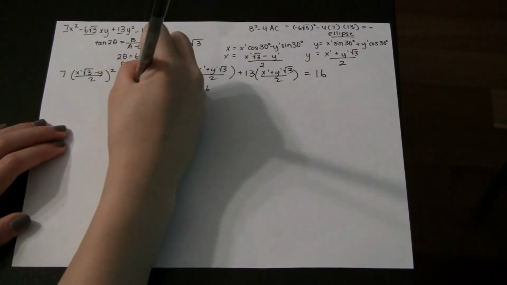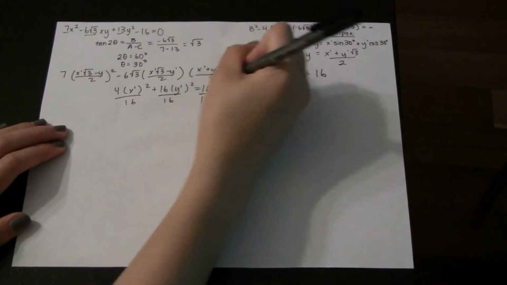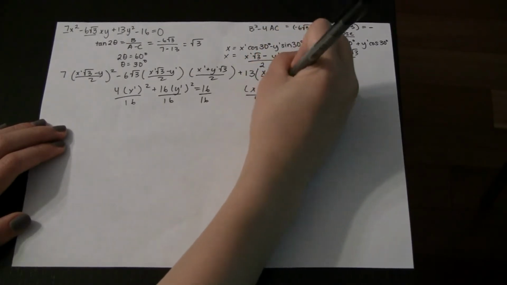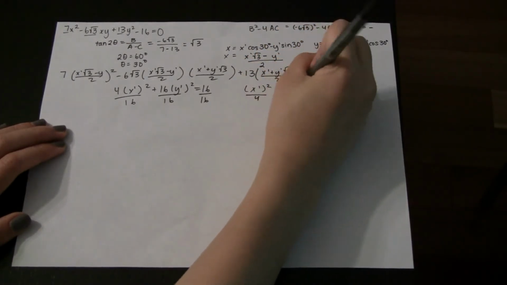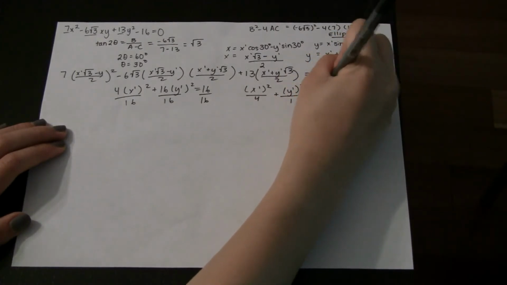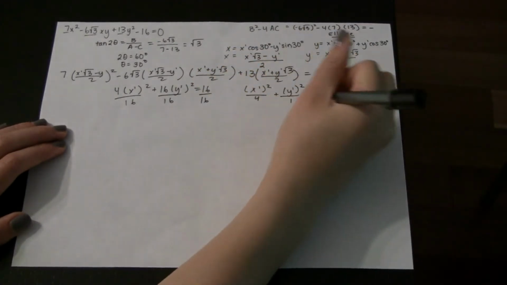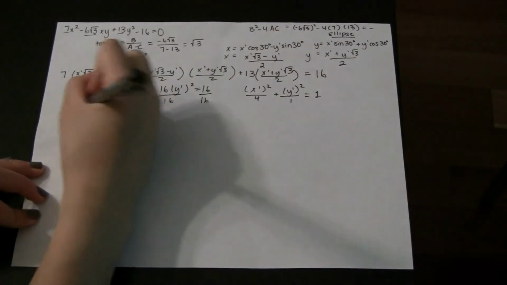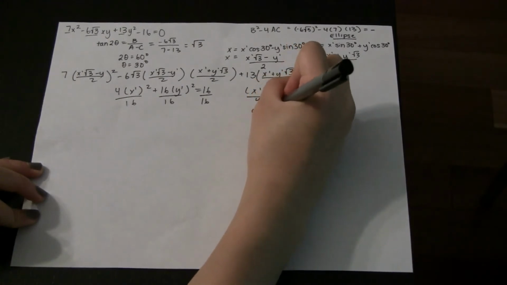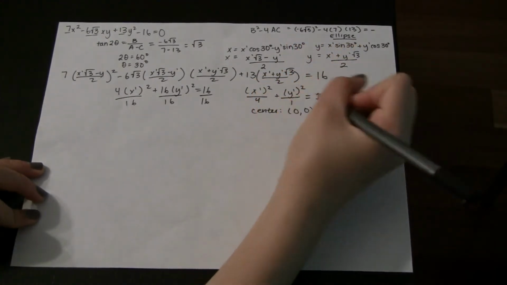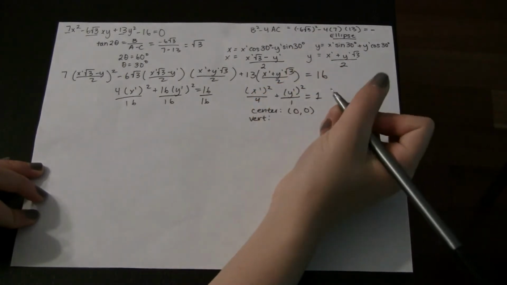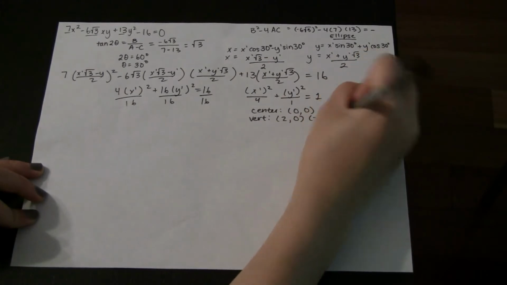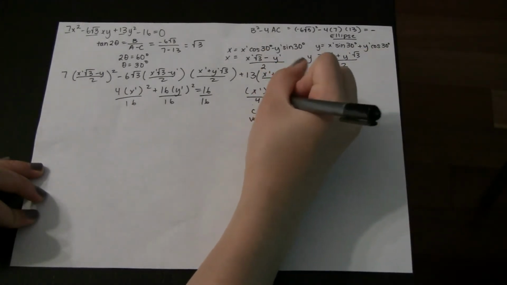If we divide the whole thing by 16, we would get x prime squared over 4 plus y prime squared over 1 is equal to 1. So that would help us get the key information for our primed graph. We know that the center would be at 0, 0. Our vertices would be at 2, 0 and negative 2, 0, since a squared is equal to 4.